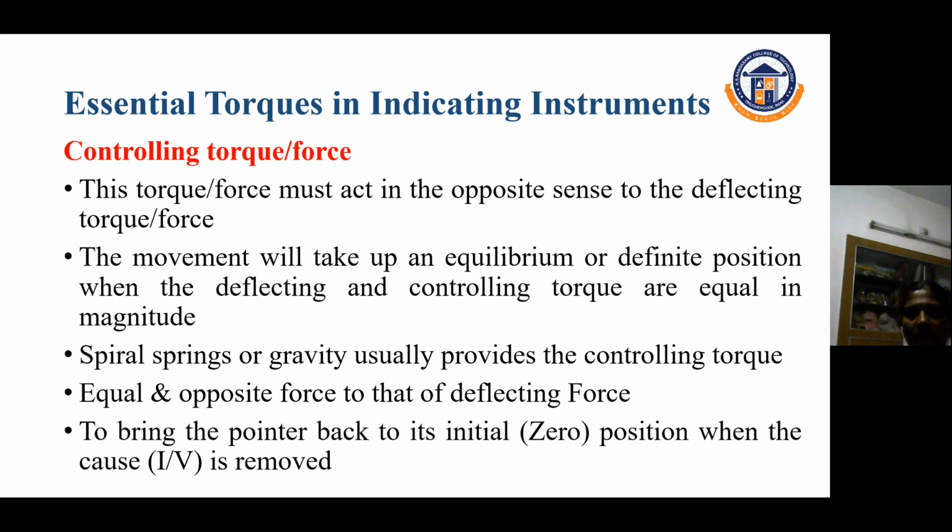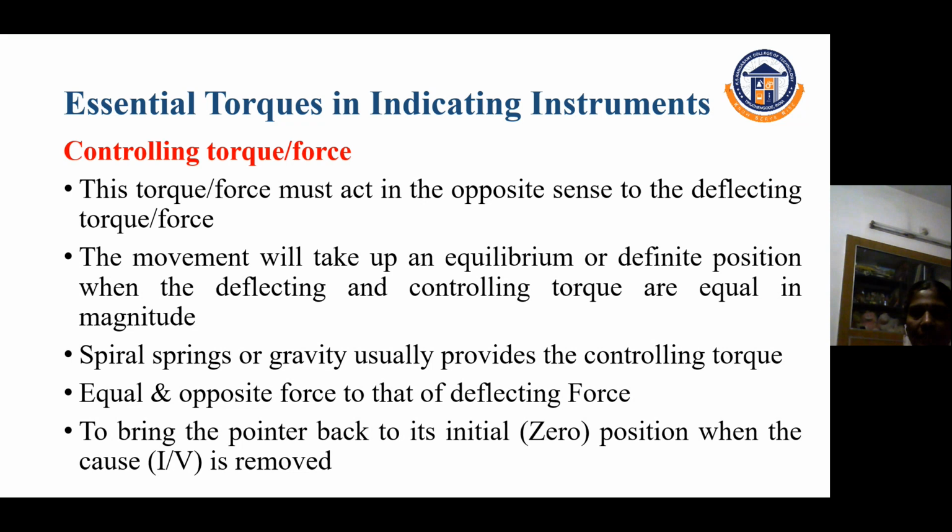Here the controlling torque is usually provided by spiral springs or gravity, and it should be equal and opposite to the deflecting torque. This brings the pointer back to its initial or zero position when current or voltage is removed.